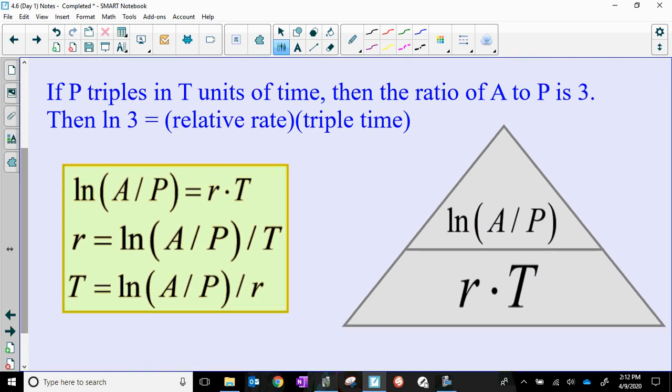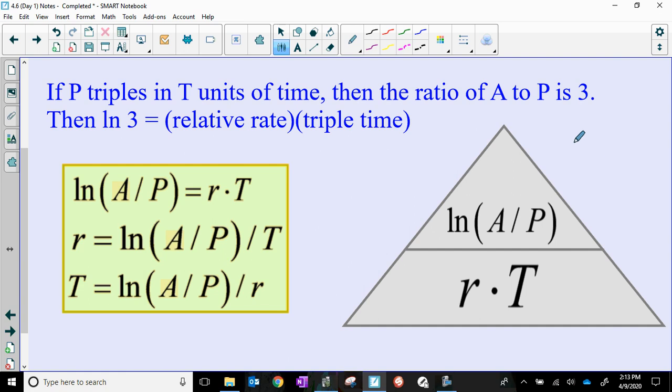Now, we've had this concept many, many times in this course, in a lot of math classes, and especially a lot of science classes. We have something that has a rate, a nice, easy little linear equation here, where you have rate times time equals the natural log of your ratio, like distance equals rate times time, or work equals rate times time.